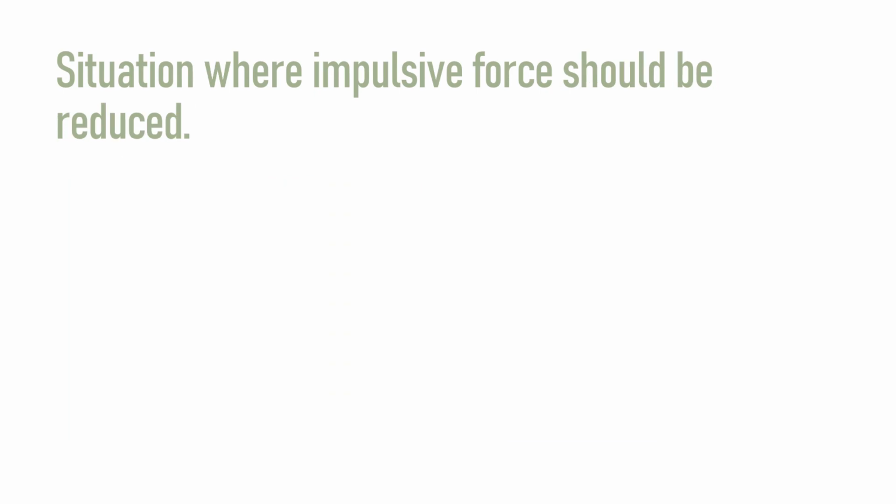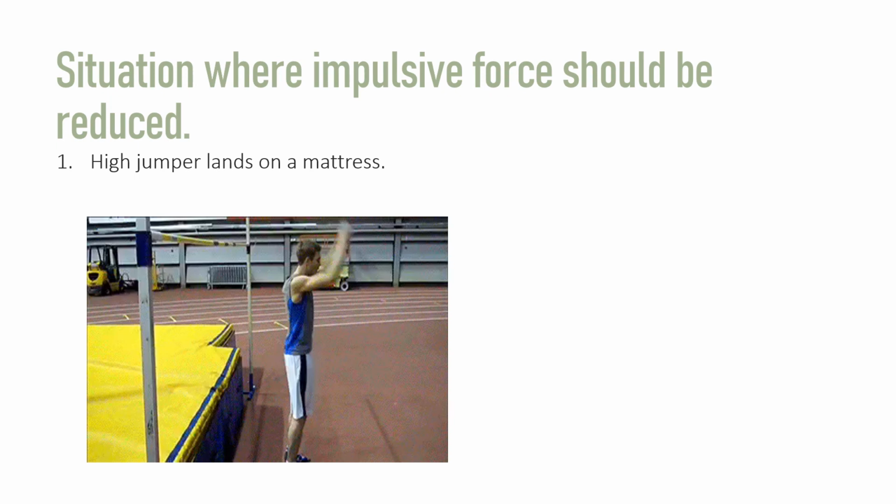The last part for today's lesson is a situation where impulsive force should be reduced. One example which is very familiar to our life is a high jumper lands on a mattress. Now, let's rewatch the video below together.